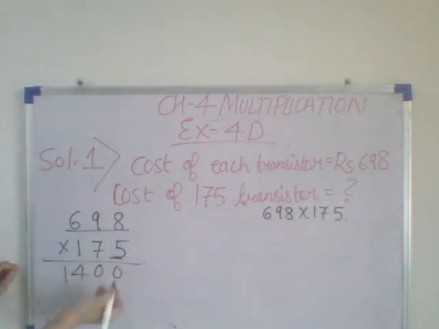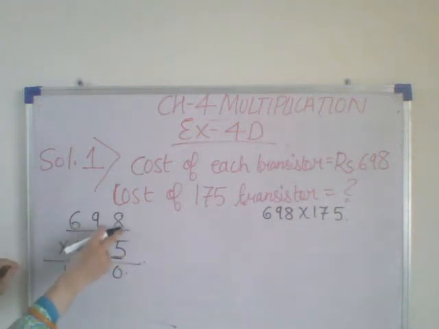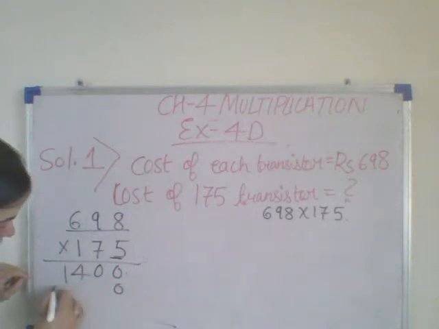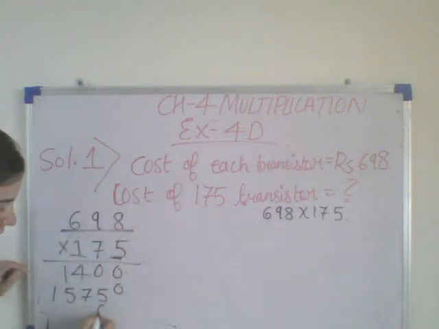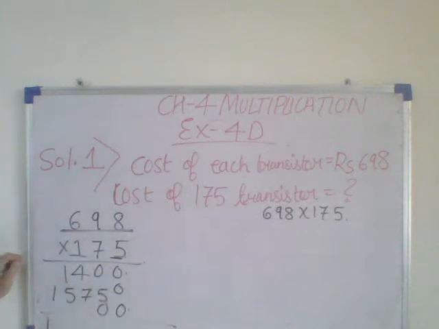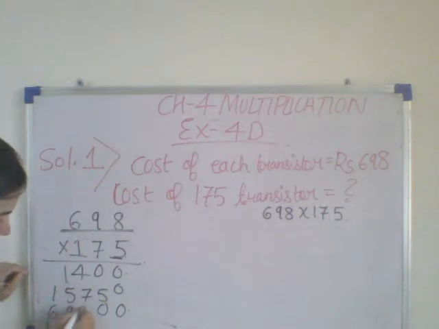3490. In the second step, you will be multiplying 698 with 70. Then you will be getting here 48860. And in the third step, you will be multiplying 698 with the 100. So you will be putting simply 2 zeros here and the 698.